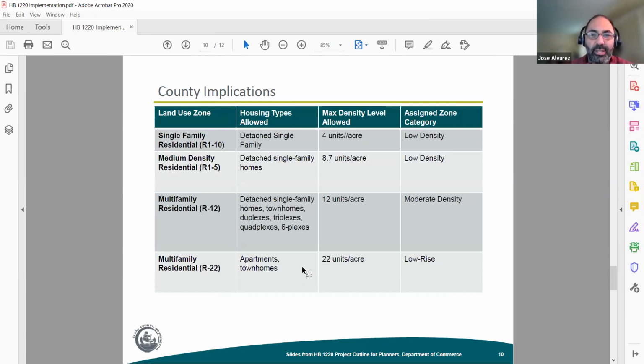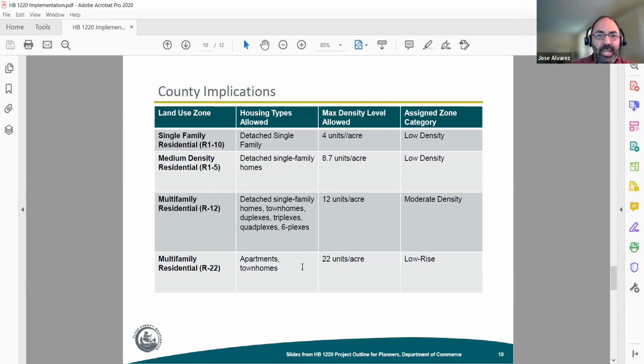Again, this is a chart that Commerce had come up with. I included some of our local zones. It's not encompassing of all of them, but just as an example where they would fit in these categories on the right-hand side, whether it's low density, moderate density, low rise, and the types of housing types that are allowed, and then the density levels.